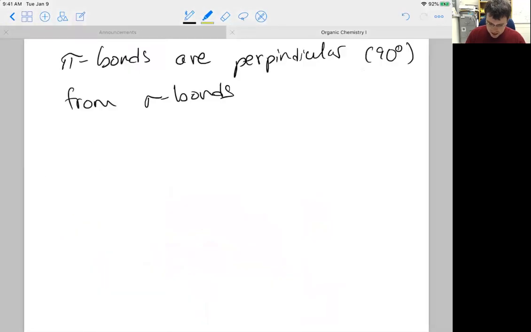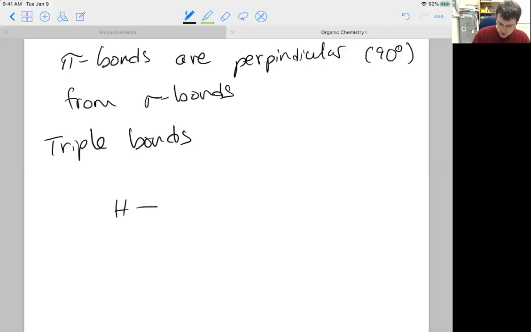Now, what that means is that if it's perpendicular for that one pi bond, when you have two pi bonds, it gets to be incredibly awkward. So triple bonds, and we'll do a similar molecule where we've got just two carbon atoms attached to each other and the requisite number of hydrogens. Sigma bonds look like this.